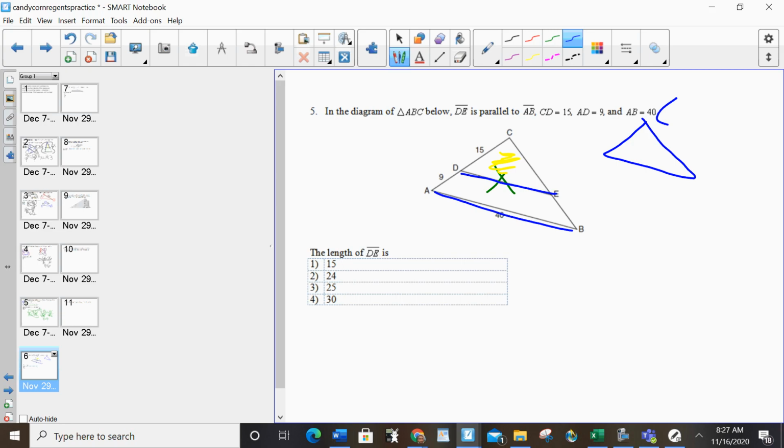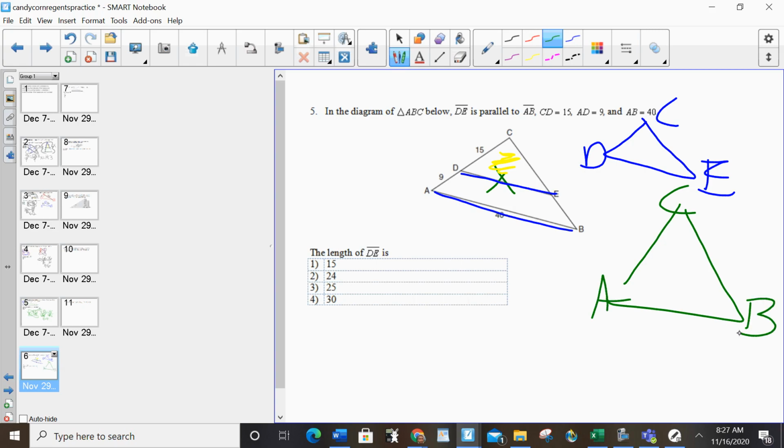So I'm going to separate my triangles, CDE, CAB. The small one's usually easiest to deal with, 15 and X. Expect to have to add or subtract something. CA is 24, AB is 40.